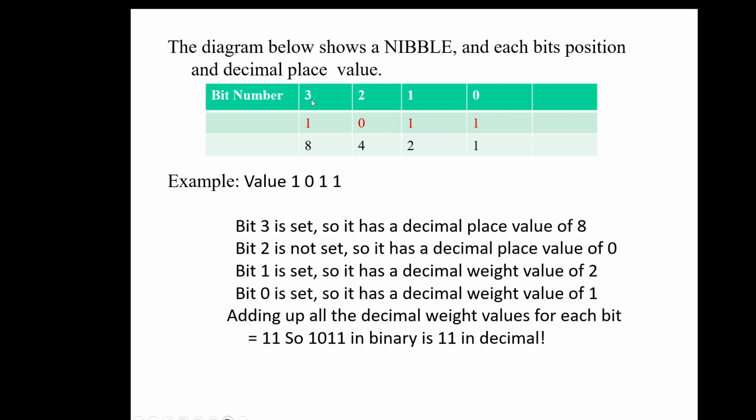Since it's bit 3, the place value is 2 to the third. So in this case, 1 is multiplied with a value of 2 to the third. Remember, 2 to the third is 8. So this is the place value. The symbol 0 represents a quantity of 2 squared, or 2 to the second power, which is 4.